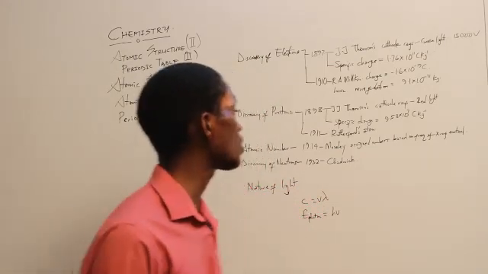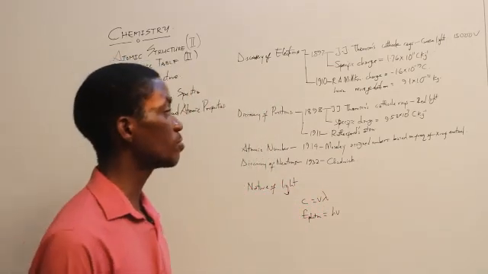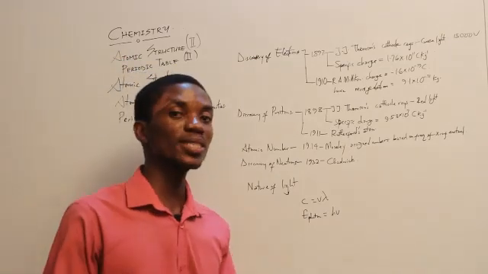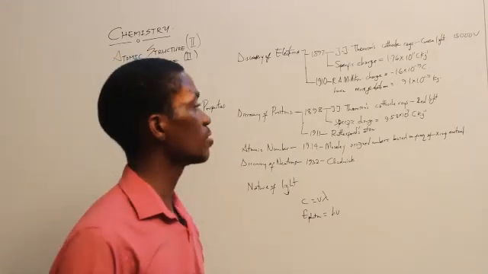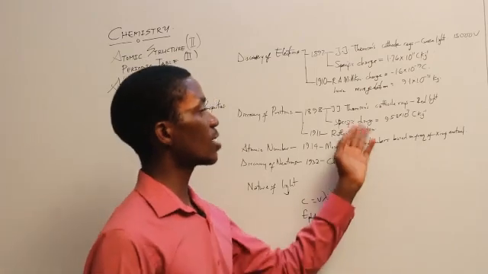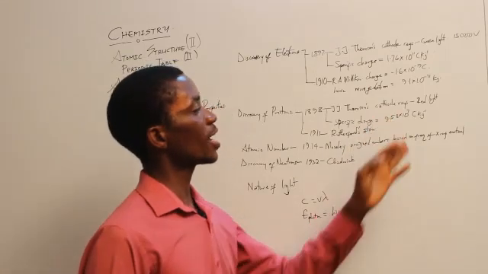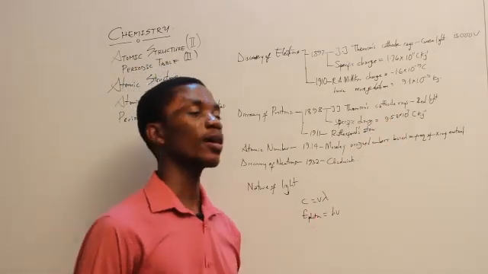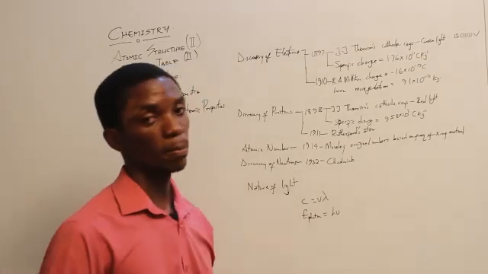That particle was named the proton, which is a positive particle. He went ahead to calculate the specific charge, and he discovered it to be 9.58 times 10 raised to the power 7 coulombs per kilogram.